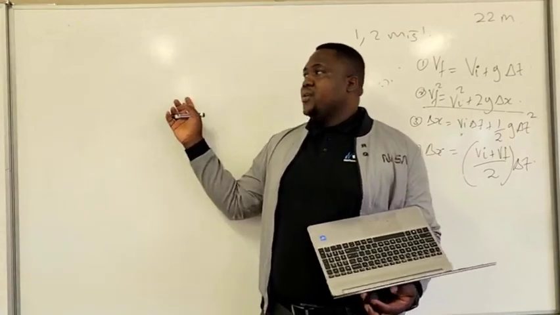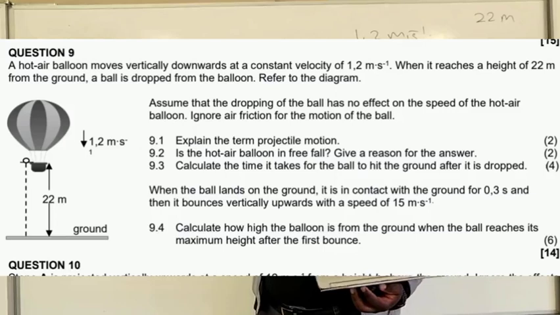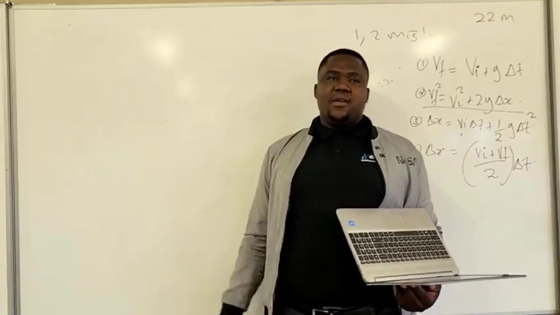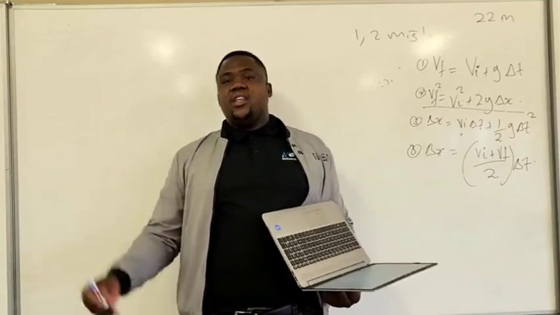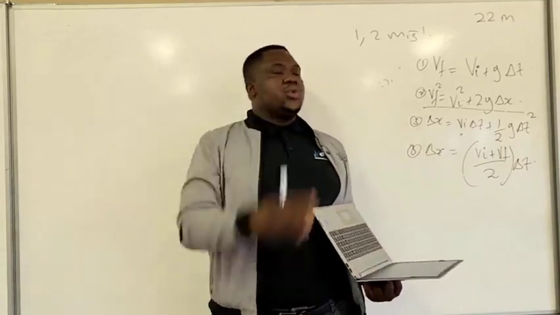A projectile is an object that has been given initial velocity and it moves under the influence of force of gravity only. You must not forget to write the word only, because if it is not force of gravity only, and there is another force, then that thing will never be a projectile. These formulas and everything that we taught you will not be true, it will not stand.